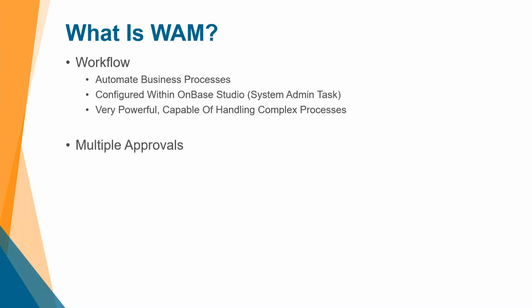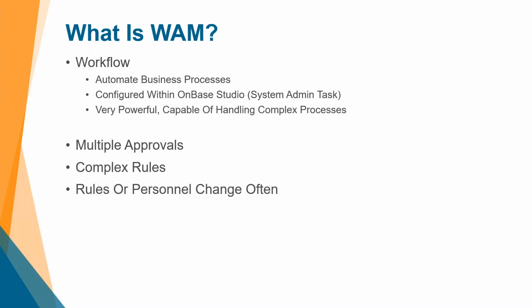But what happens when you have a variety of different approval methods, very different rules that need to change potentially throughout the process, or the personnel actually changes? This causes some problems in the traditional role of just workflow only, because think what actually has to happen here.